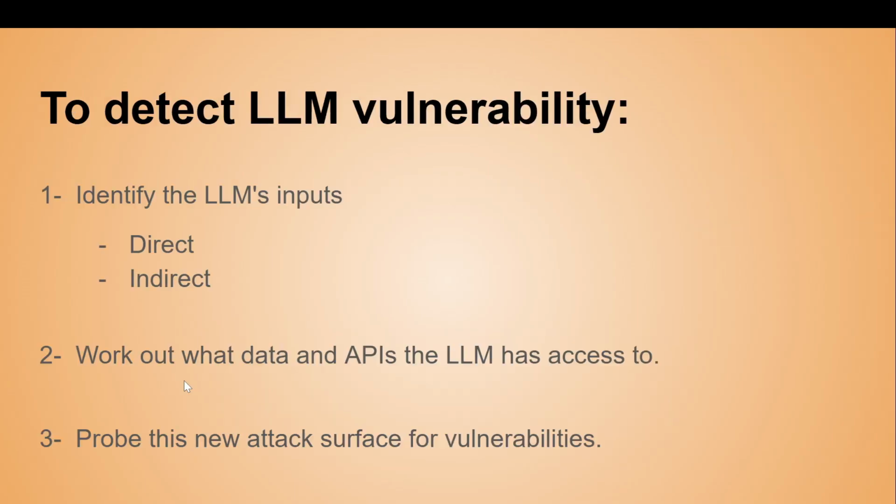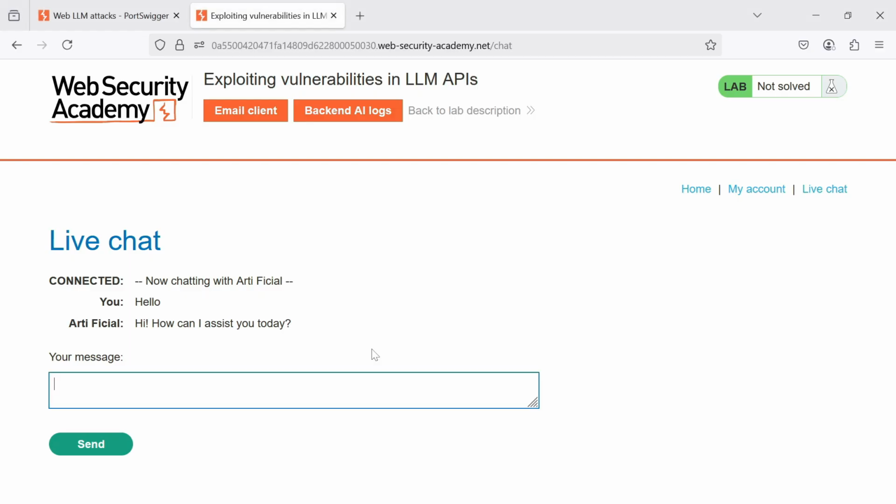And if you remember, there are three steps for analyzing LLM vulnerability, and the first one was to identify LLM's input. And by now we have identified the LLM's direct input, which was this chatbot. Now we can go further and find out the data and APIs available to LLM. And we can do this simply by asking what APIs does it have.